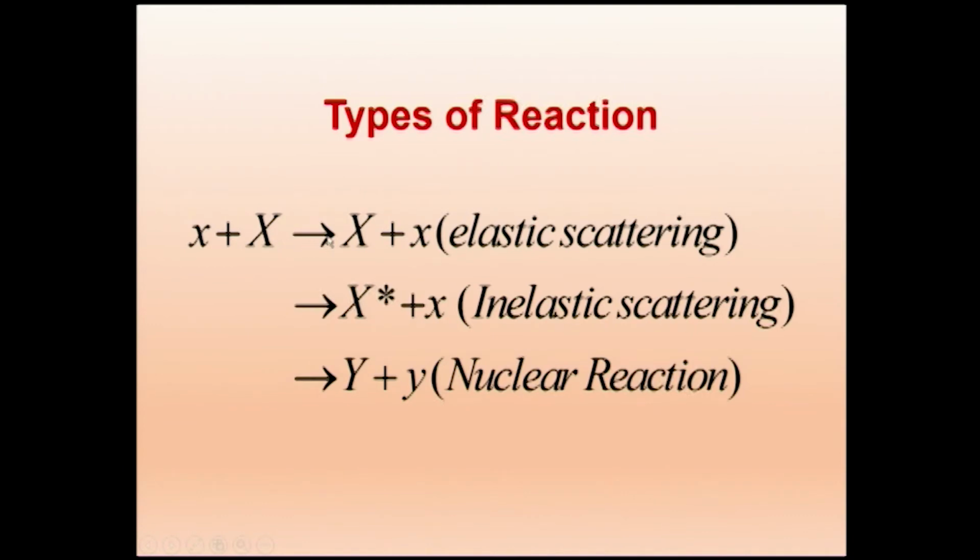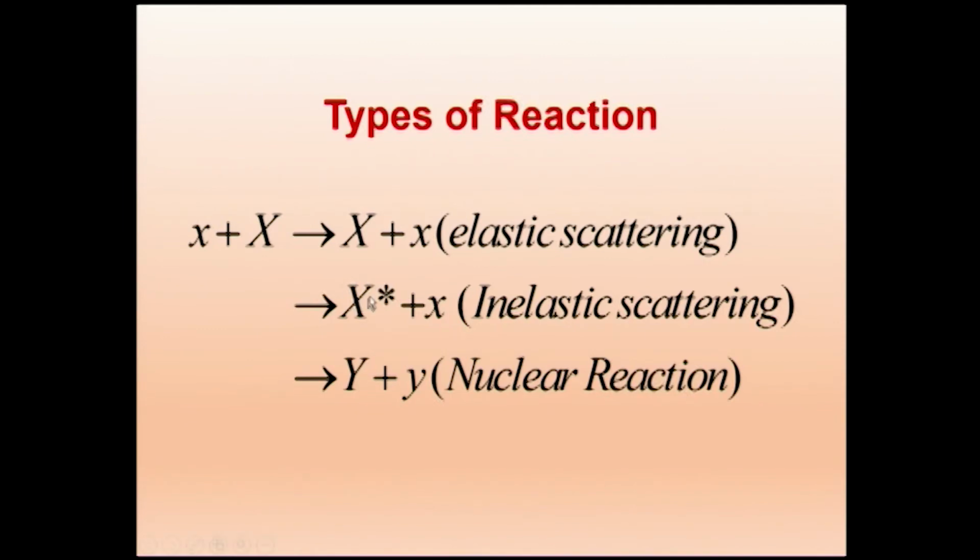I can get x plus X giving x plus X, which means nothing has happened. This is called elastic scattering. There is no loss of energy, so it is called elastic scattering. Suppose in this reaction the target is excited due to the incident particle, the target gets excited.